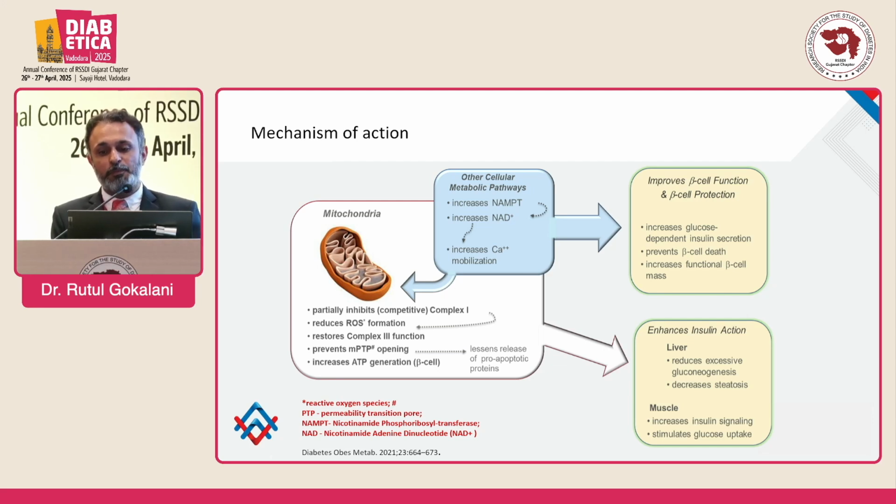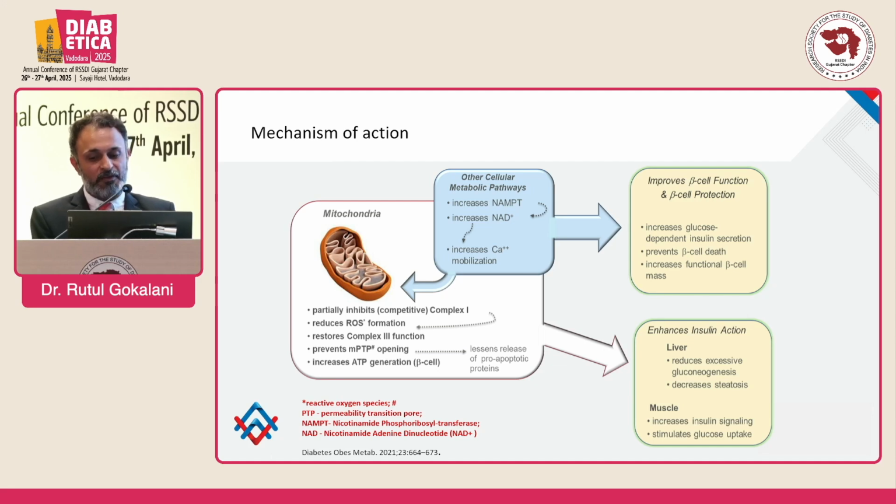So ultimately it reduces inflammation as well as improves insulin secretion. It improves beta cell function and beta cell protection as well. It increases glucose-dependent insulin secretion. It prevents beta cell death, that is apoptosis of beta cells, and it increases beta cell mass as well. At the liver level, it reduces excessive gluconeogenesis and decreases steatosis.